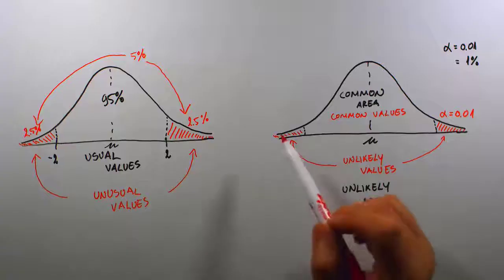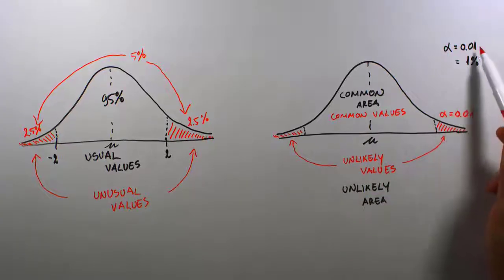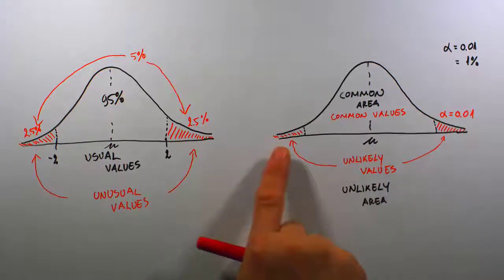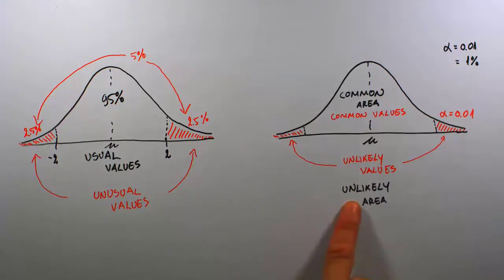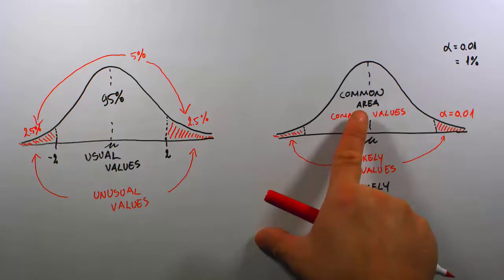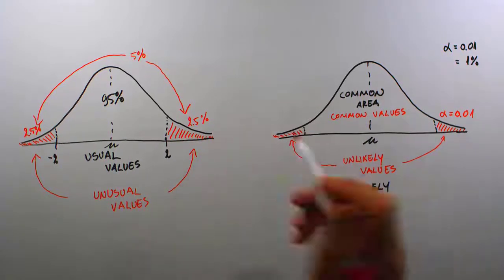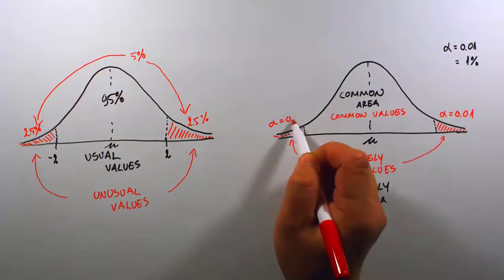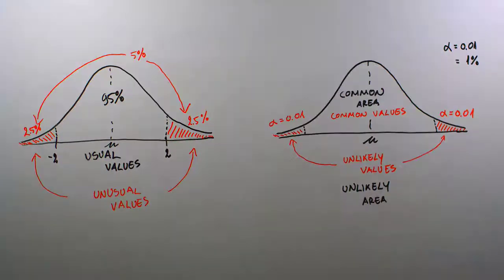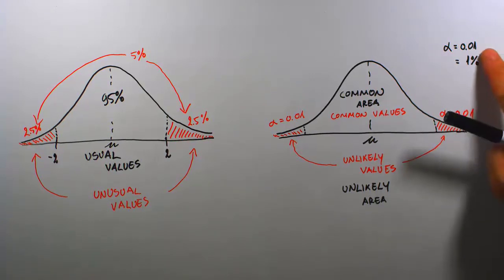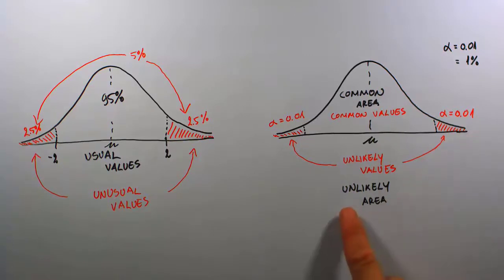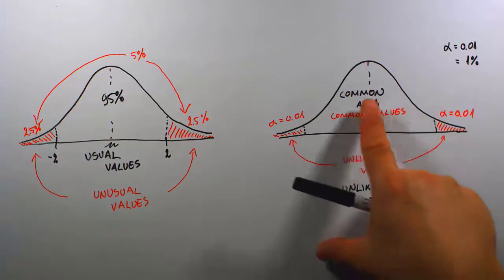And the very same significance level being 0.01 in our problem means this left tail, the unlikely area outside of the common area to the left of the bell curve, is also 0.01. So in other words, the significance level is a way to indicate how big the amount of unlikely area is outside of the common area.